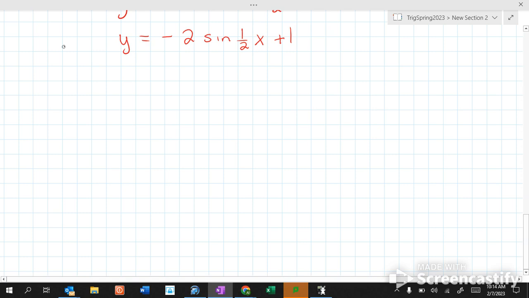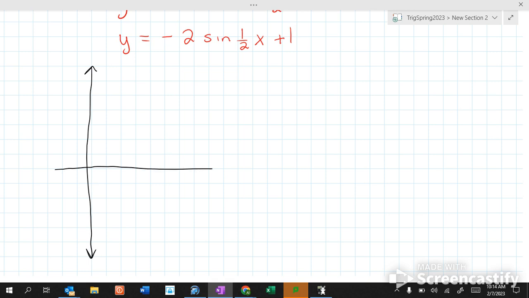What I'm going to graph basically is y equals sine of x, then y equals negative 2 sine of x, then y equals negative 2 sine of 1/2 x, and so on. Since this is 1/2, does that stretch or shrink the graph? Stretch it. How far does it get stretched?